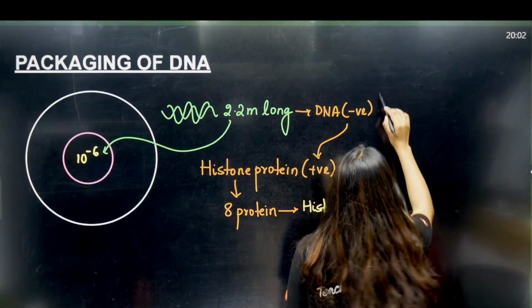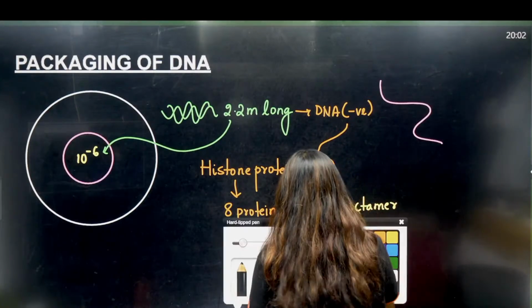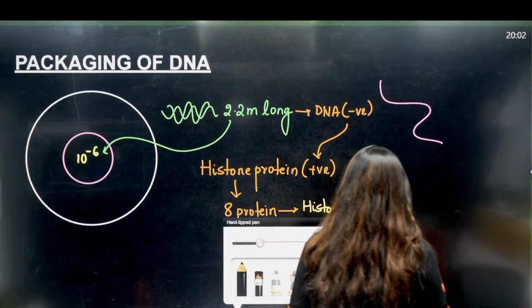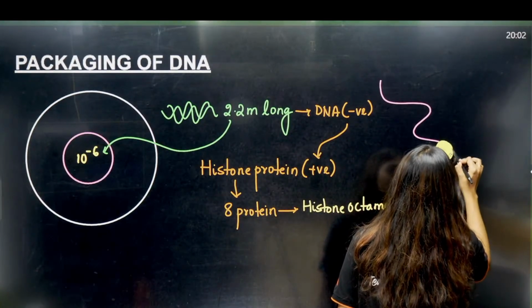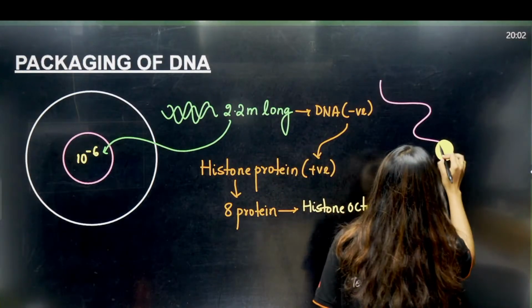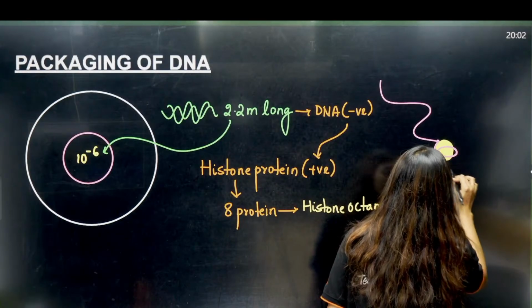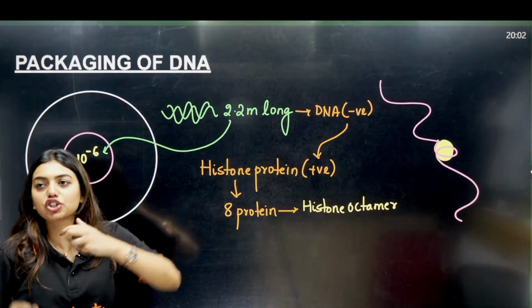So, let us say this is my DNA. I am going to wind it around my histone octamer, and it is going to go around again and continue like this.